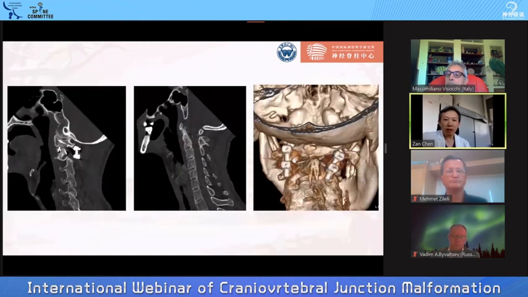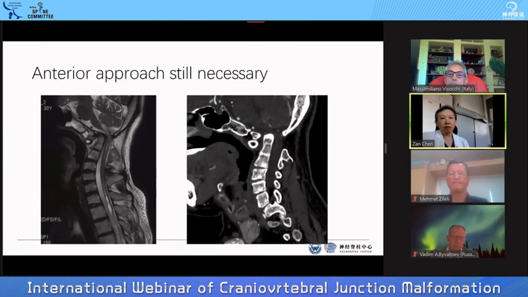In the operation, we release the facet joint bilaterally and implant a cage in the facet joint, and with C1-C2 internal fixation, we get complete reduction of this rotational dislocation between C1 and C2.